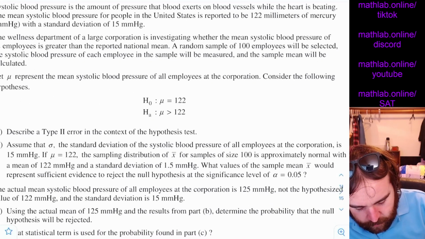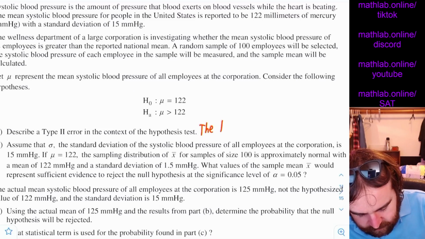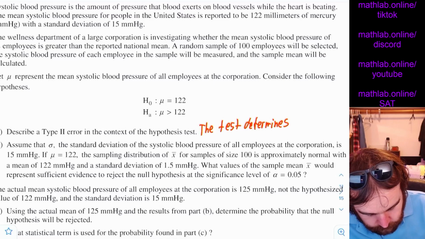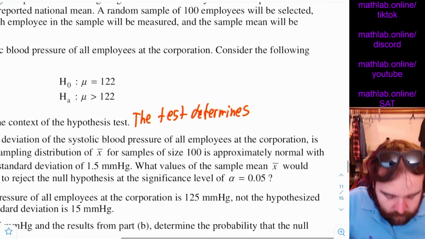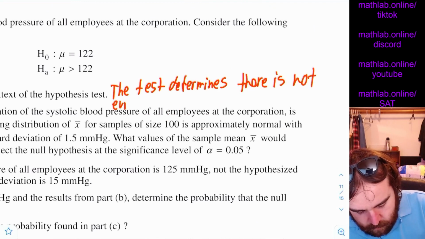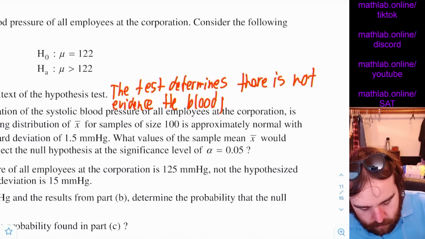So they would say, in the context of the hypothesis test, the test determines there is not evidence the blood pressure is higher than 122.